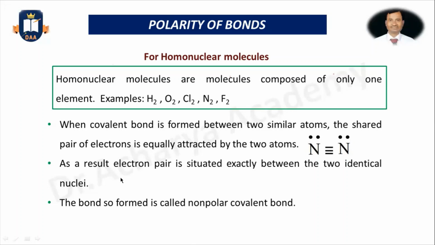And the result, these electron pairs are situated exactly between two identical nuclei. That means the three shared electron pairs are exactly in the middle position between the two nitrogen atoms. And in this condition, it is called the non-polar covalent bond.